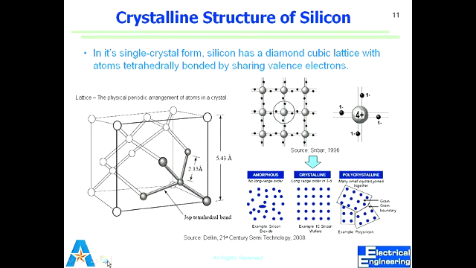So again, different planes have different numbers of atoms. But we see that the top plane and the bottom plane have the same configuration. So they are called equivalent planes. Right?